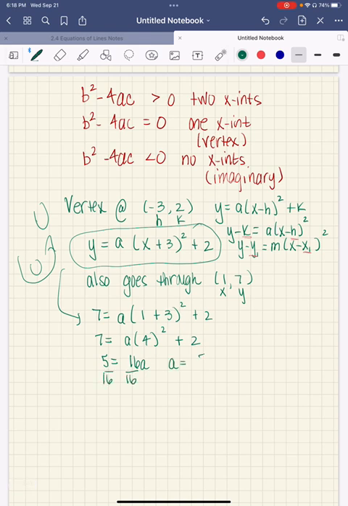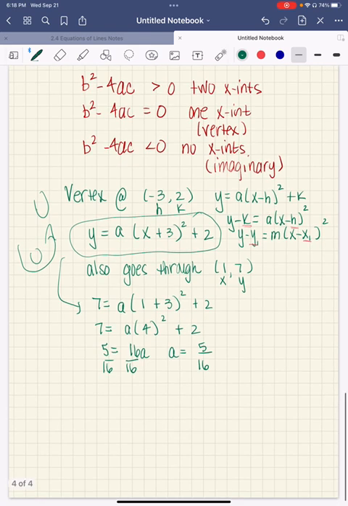A is 5/16. So the equation of this parabola with a vertex at (-3, 2) that goes through the point (1, 7) is y equals 5/16 times (x plus 3) squared plus 2.